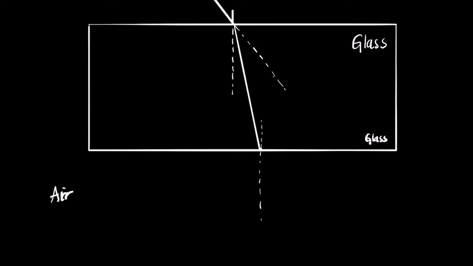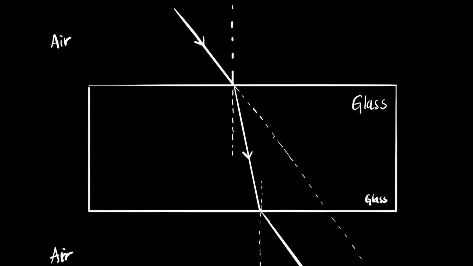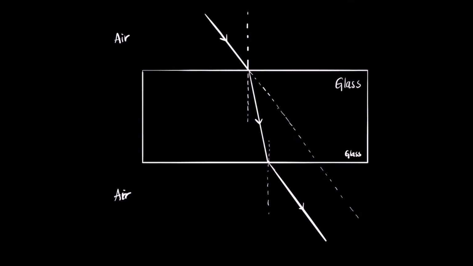The light ray that comes out should be parallel to the original light ray because it's still traveling in the air. So it bends in such a way that it travels parallel to the original light ray that came in. This is how light actually travels through a glass piece.